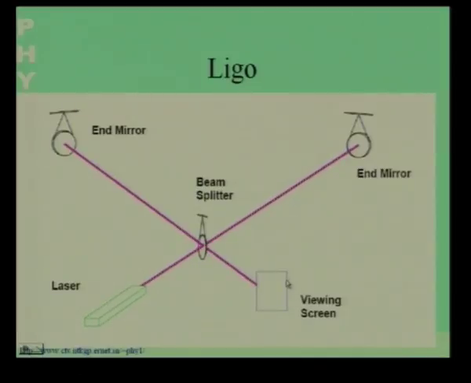So, if you can detect these shifts in the fringe pattern, the shift is going to tell us that the gravitational wave has passed through. The main problem over here is that the displacements of the mirror which are produced by gravitational waves, the strains which are predicted from various sources of gravitational waves, are extremely small.